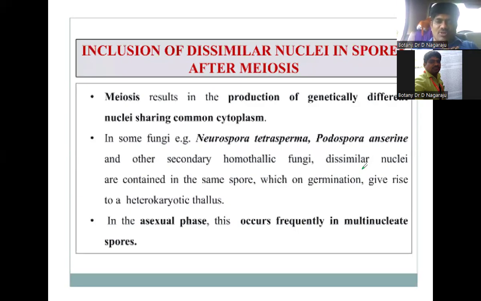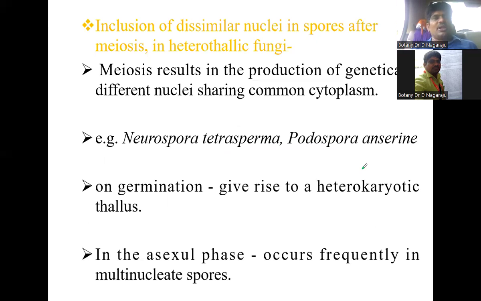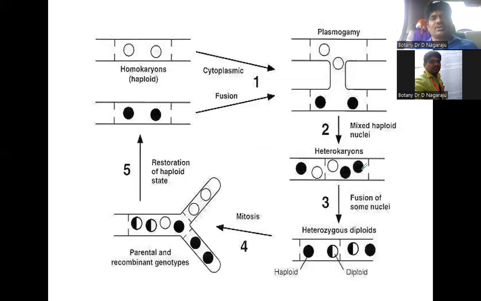The spores formed with two opposite nuclei are mating, and again form the diploid. Dikaryotic becomes diploid. Frequently this happens, so multinucleate spores, diploid spores, and haploid spores are both present in the single thallus, single cell, sharing common cytoplasm. That causes the heterokaryotic condition.